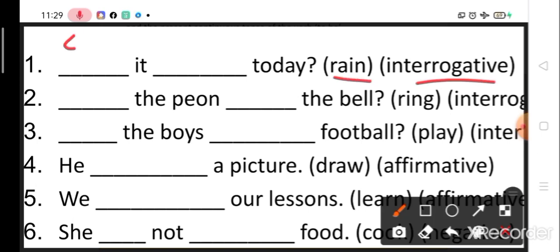So it will be, is it, ing form of the verb, and the verb we are given is rain. Is it raining? Raining. Is it raining today?